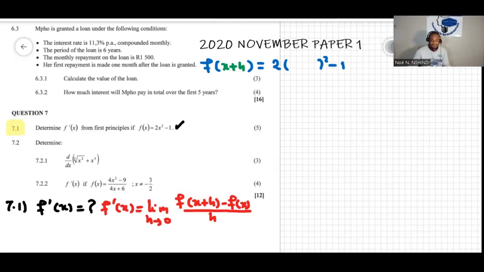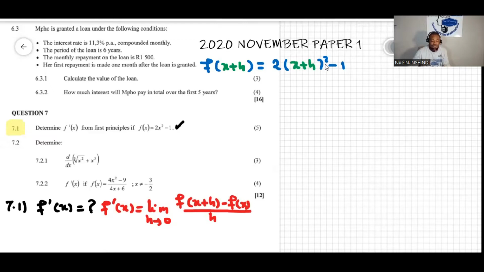So instead of writing x squared, I'm going to write x plus h, and then we will simplify this part. Note that x plus h to the power of 2 within the bracket is not the same as x squared plus h squared.